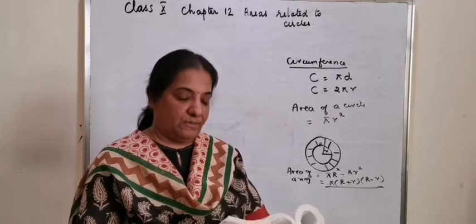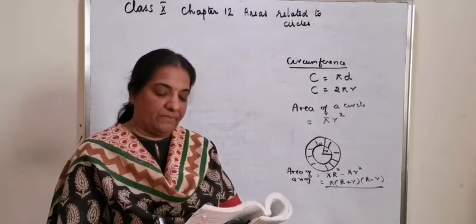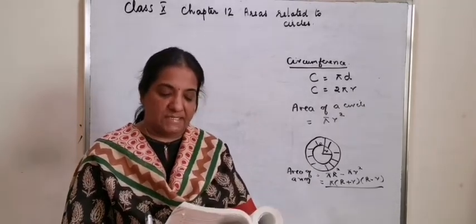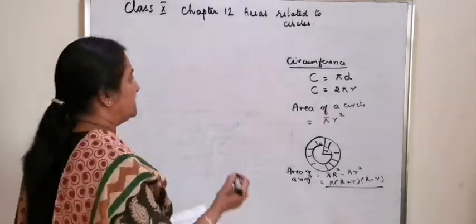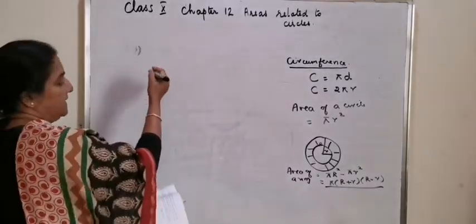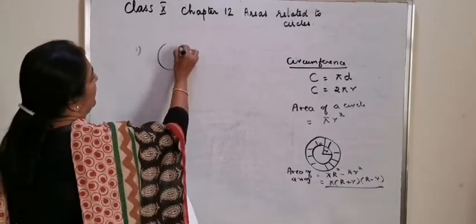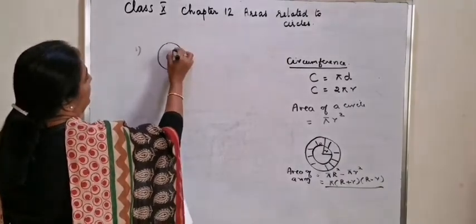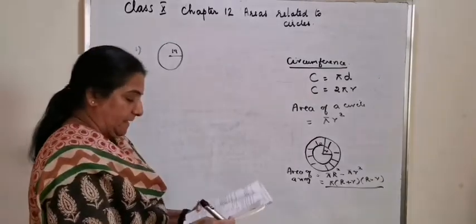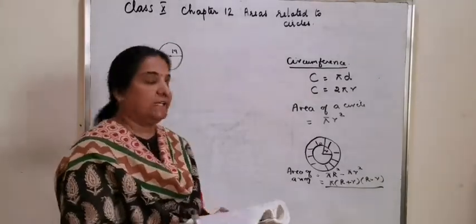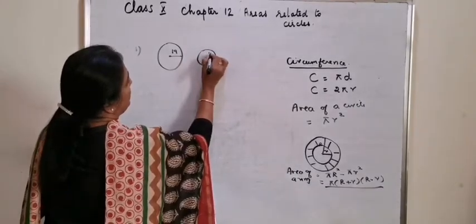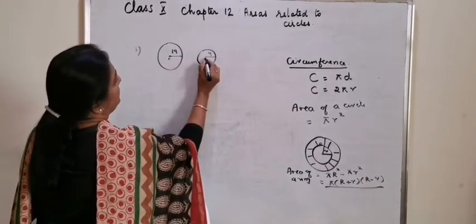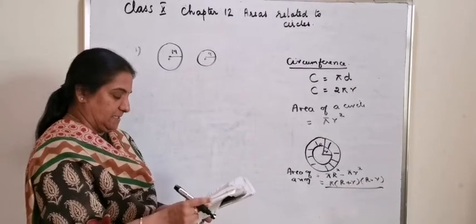Exercise 12.1, first question. The radii of two circles are 19 centimeter and 9 centimeter respectively. For easy understanding, a small figure will help you. The radius of the first circle is 19 and the radius of the smaller circle is 9 centimeter.